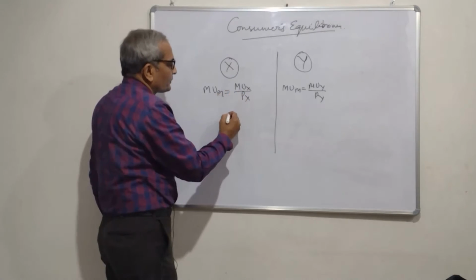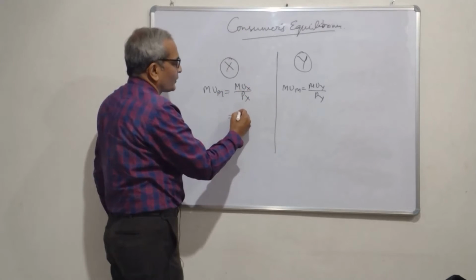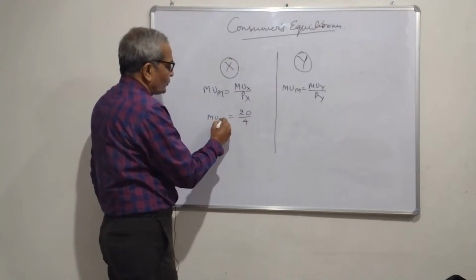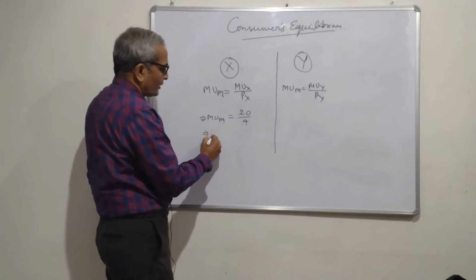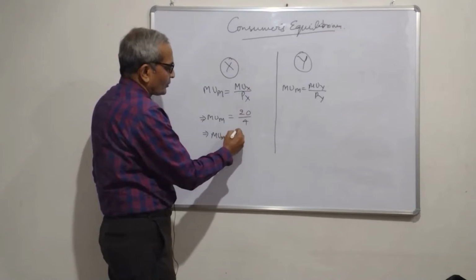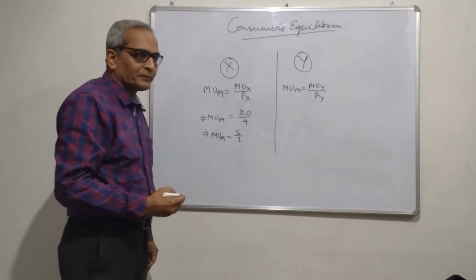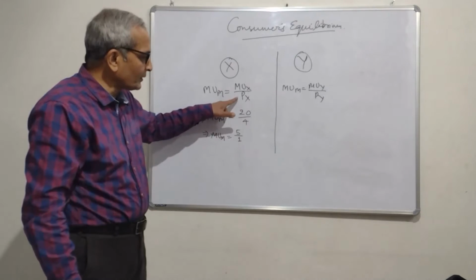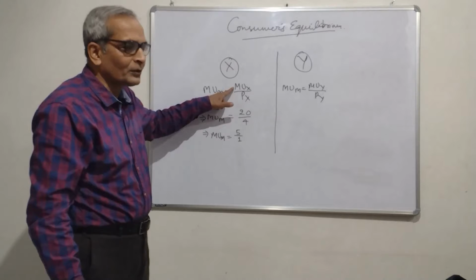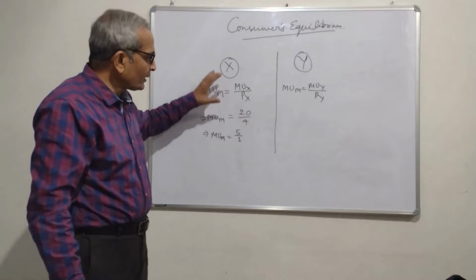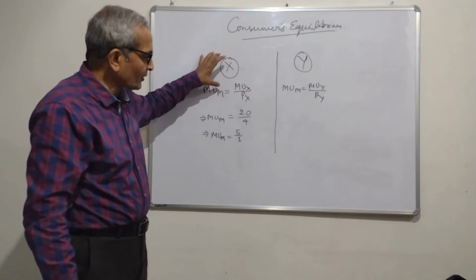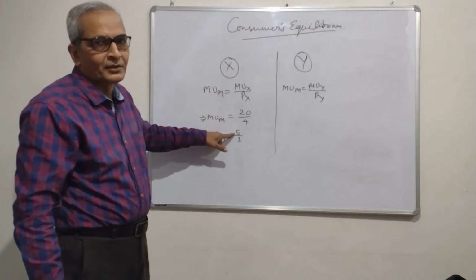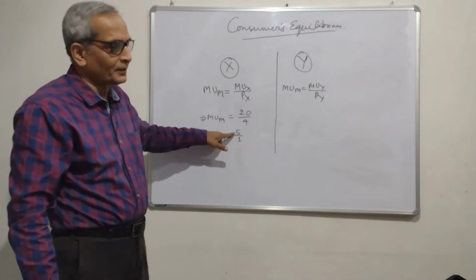Now, if the value of MUX is 20 and price is 4, then MUM equal to 20 by 4, and we can write marginal utility of money equal to 5 by 1. You are aware what it means: rupee 1, this 1 is for price, this 5 is for marginal utility. So, in the case of commodity X, when we spend rupee 1 on it, we are deriving 5 utils of marginal utility.